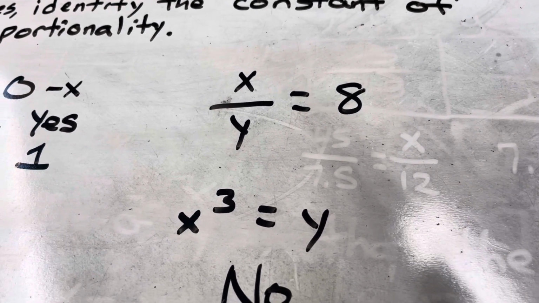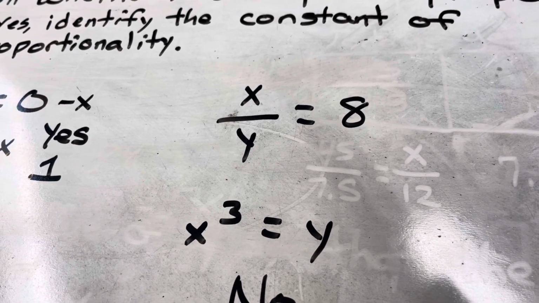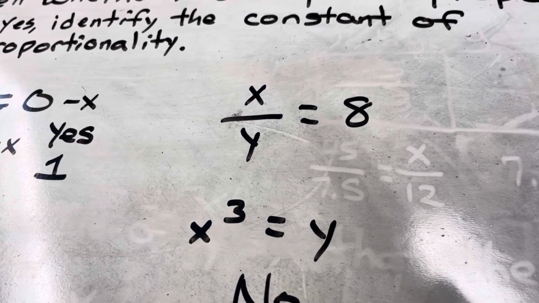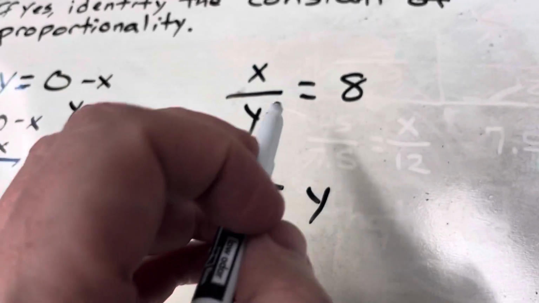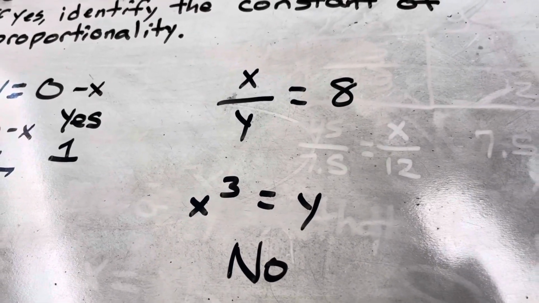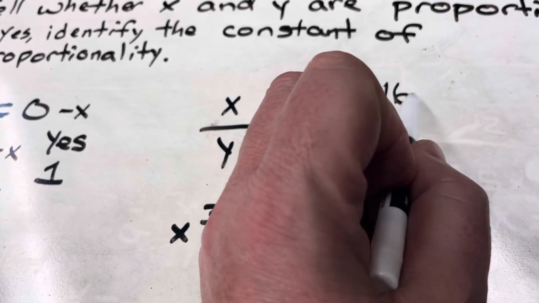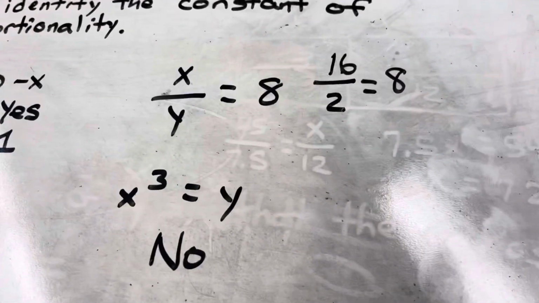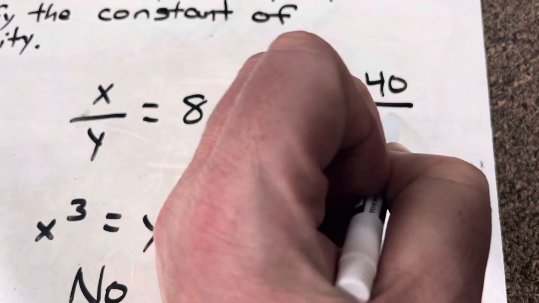Let's think about how I would get 8. If I'm constantly dividing and getting 8, let's plug in some numbers. Well, 16 divided by 2 equals 8. Or maybe 40 divided by 5 equals 8.